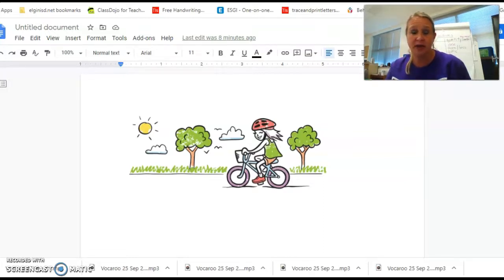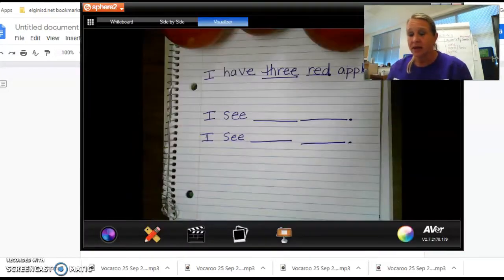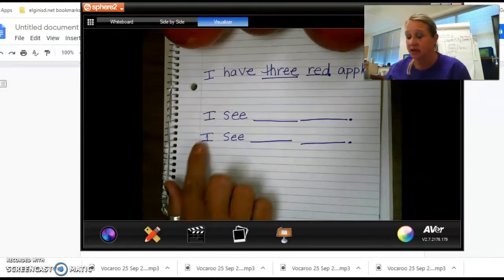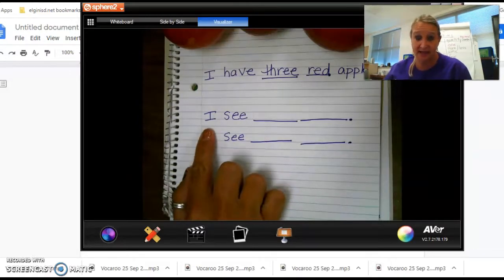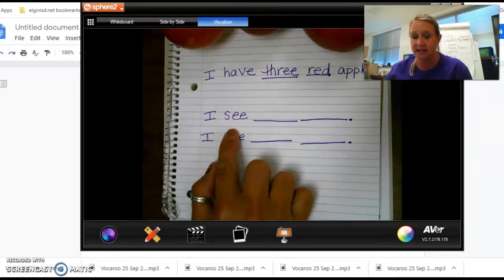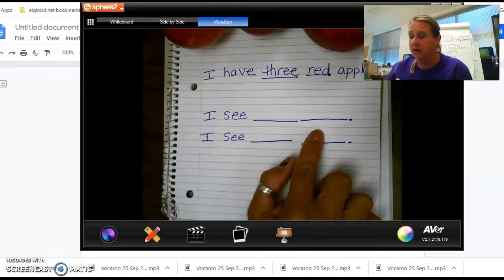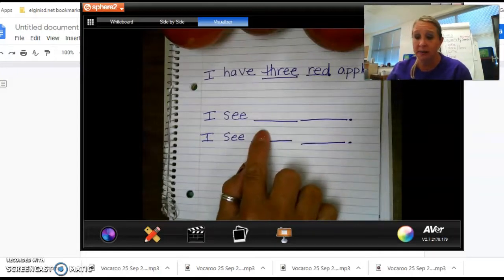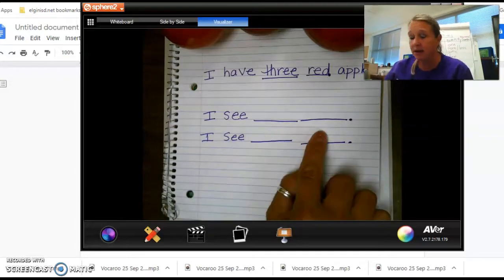Okay, let's go back and look at Miss Fisher's real quick and see what you need to do with your sentences. Now, you're going to be using the picture that I gave you to look at to write 2 sentences. You're going to say, I see blank blank. Remember, you need to tell me an amount, a quantity adjective, how many, and what color.